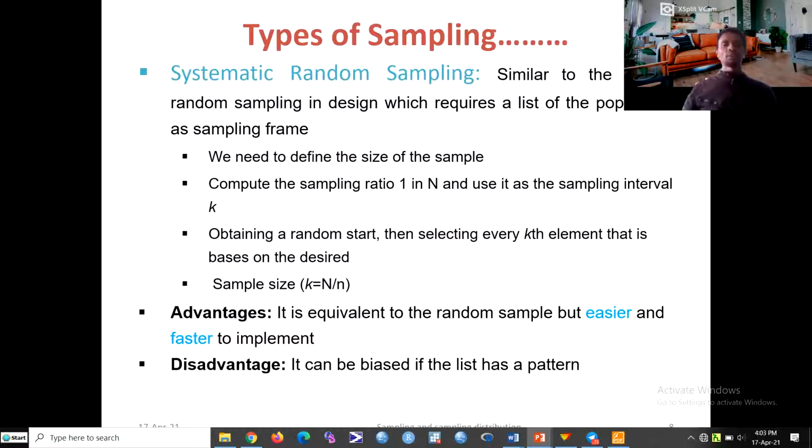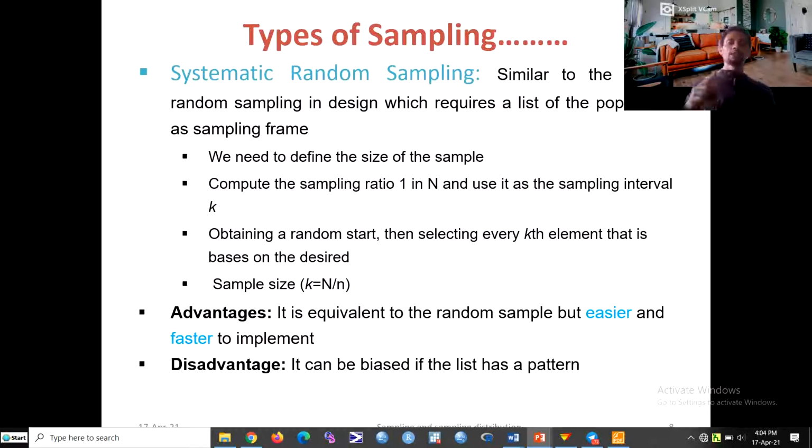We have to compute the sampling ratio, 1 in k, where capital N is the total population, and use k as the sampling interval. I have to have a random start.